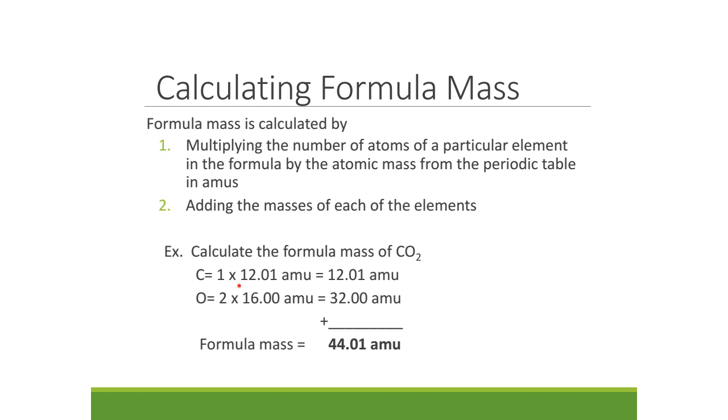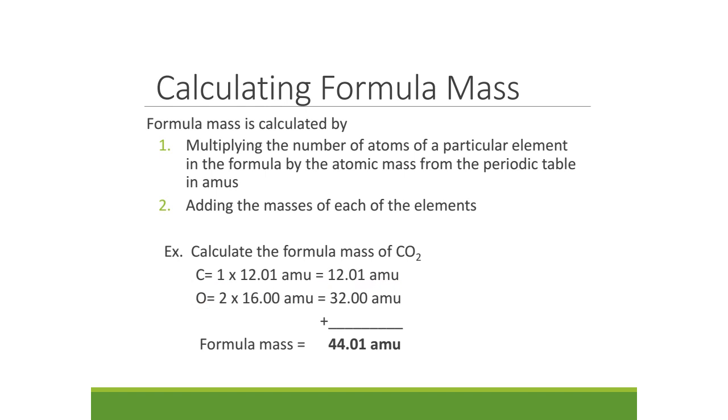Looking at the periodic table, the formula mass of carbon is 12.01 AMU. Whenever you take formula masses from the periodic table, always record them to 2 decimal places. So 1 carbon formula mass is 12.01 AMU. 1 times 12.01 is 12.01.